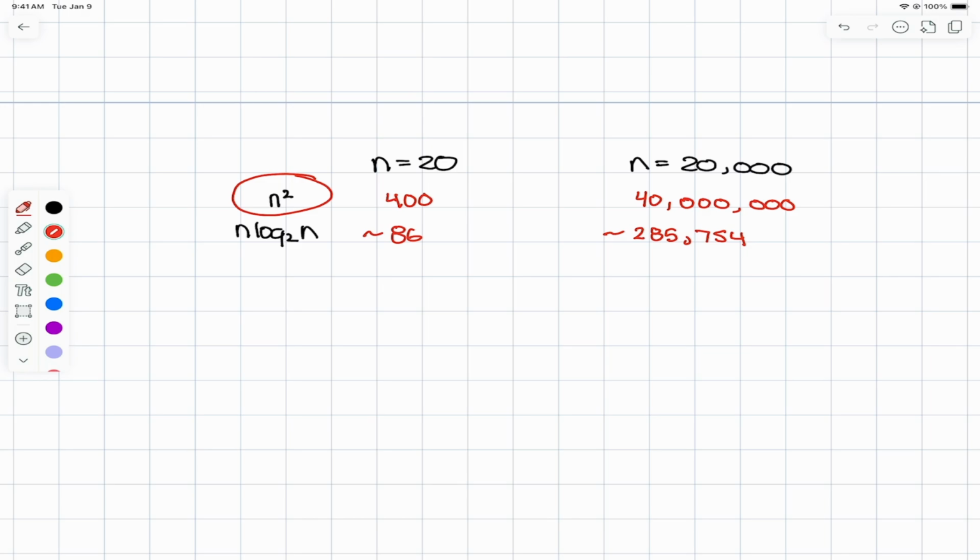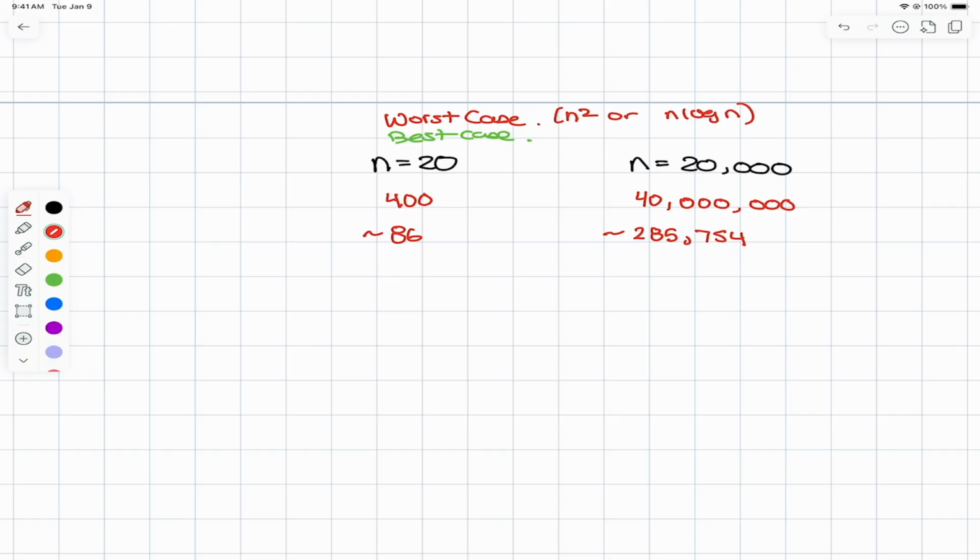It's also important to remember that just because I'm showing you these numbers right now in red as worst case, this isn't the only option. We also have a best case option. Let me relabel these. Worst case options were n squared or n log n.